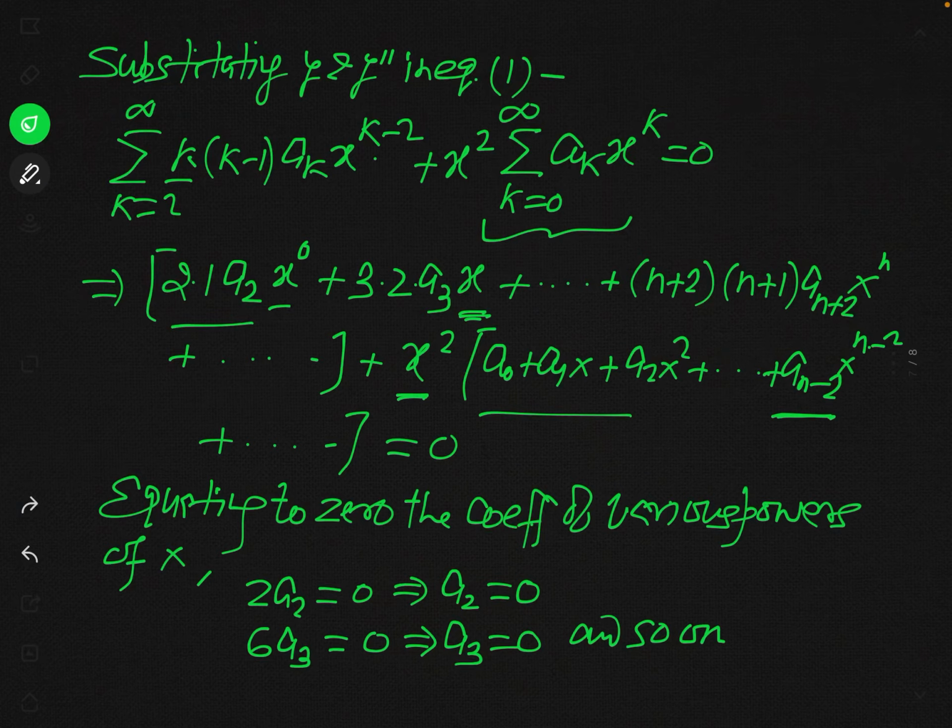So now let us think about the recurrence relation, and for that we will actually equate to 0 the coefficient of the term containing x to the power n. So you can see here in the first series, this is the coefficient of x to the power n: n plus 2 into n plus 1 into a n plus 2. And in the second series, when you multiply this x square to this term, there will be x to the power n. So in the second series, the coefficient of x to the power n is a n minus 2.